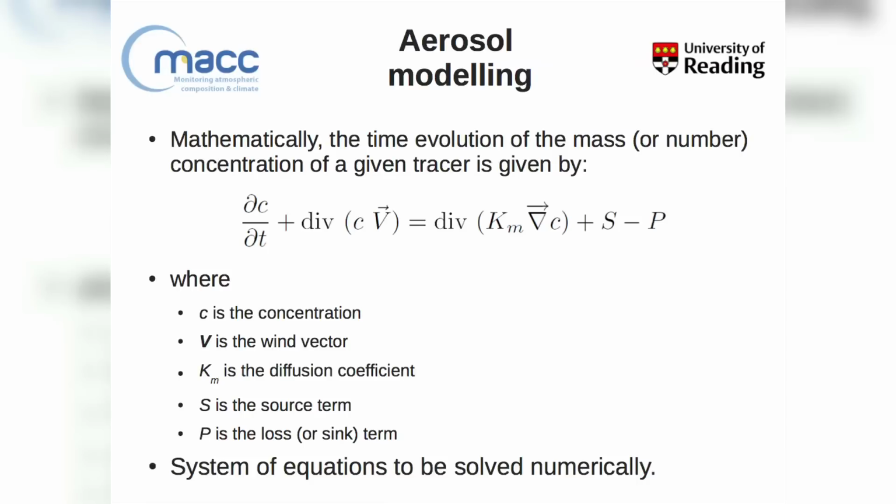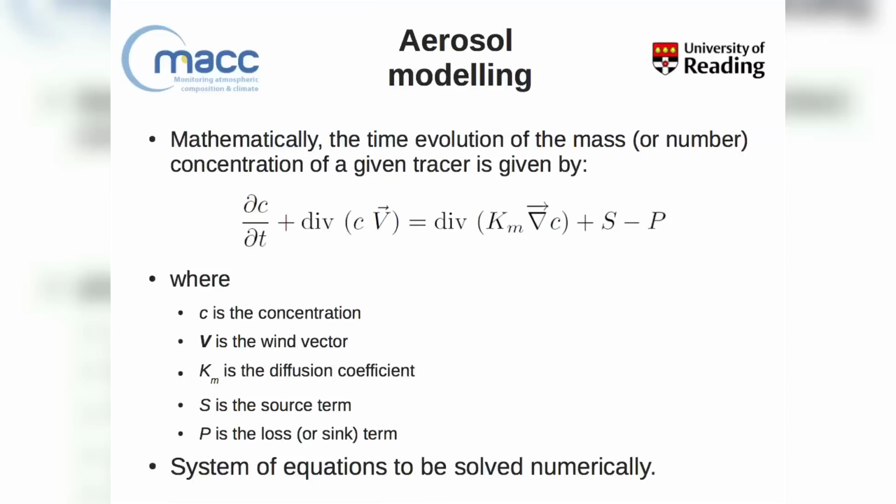Then you've got terms that describe the diffusion of the aerosols. So that's basically the idea that particles will tend to diffuse to occupy the whole volume. So here it depends on a coefficient of diffusion and on the gradient of the concentrations.